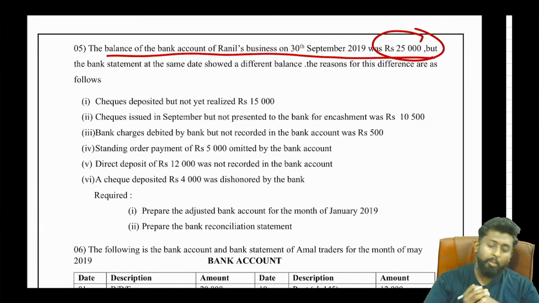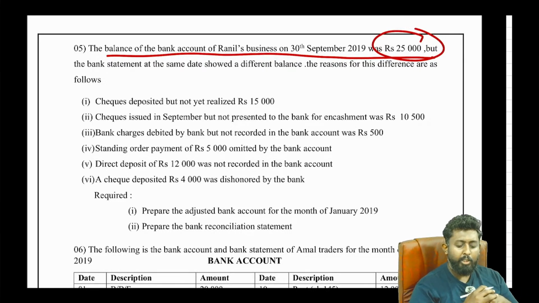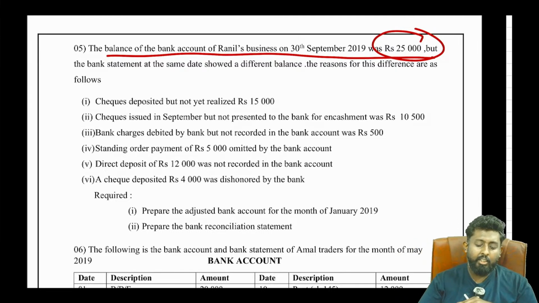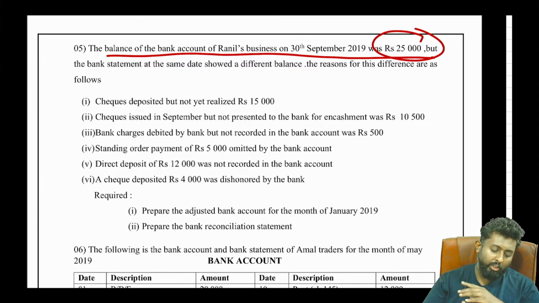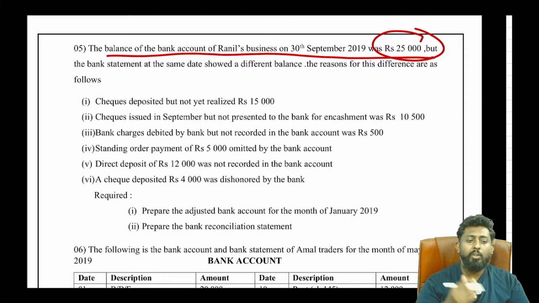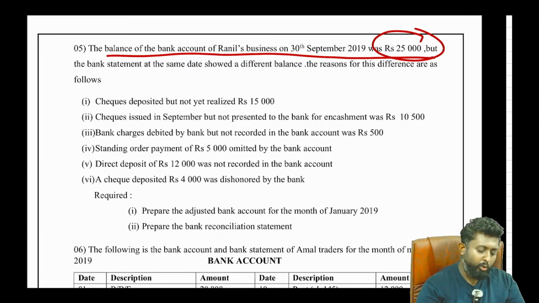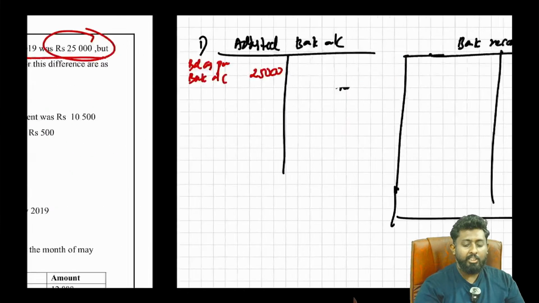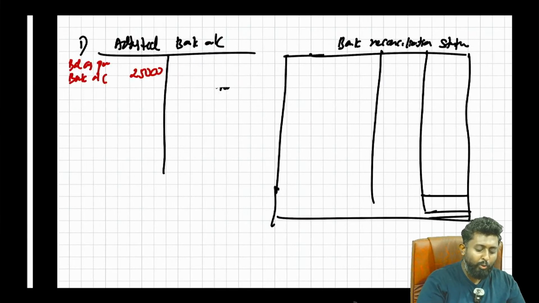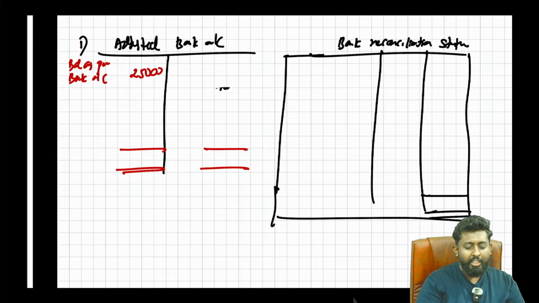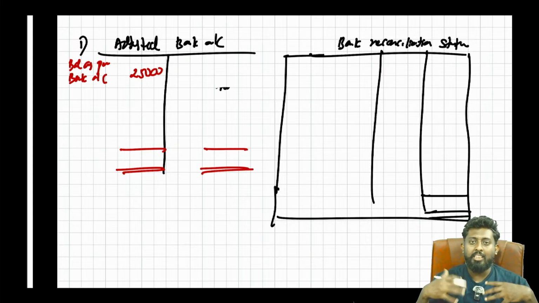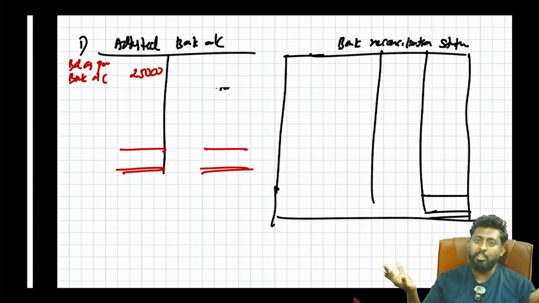Now look, they are saying the bank statement on the same date showed a different balance. The reasons for this difference are as follows. Very simple compared to the previous question. In this question, they have given you unrealized check 15,000. So you know where to record the unrealized check. It is not what we missed, it is what the bank had missed because they have more time.